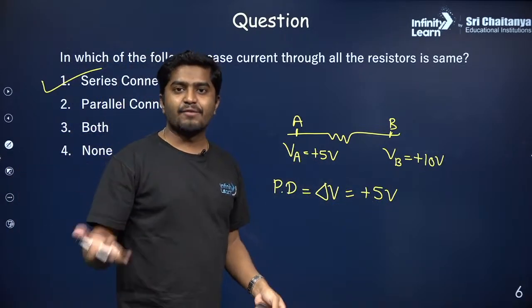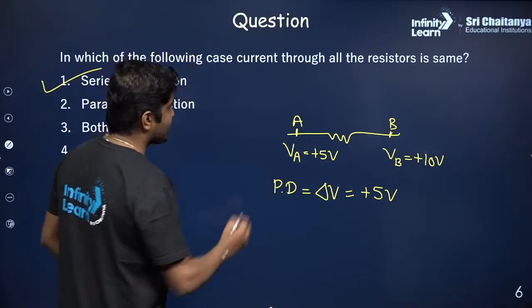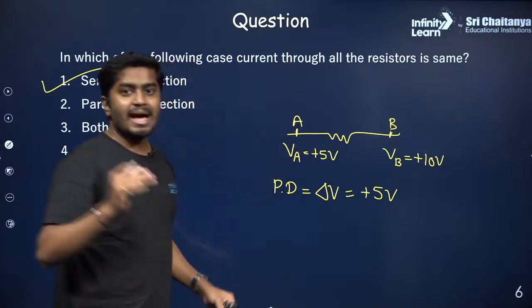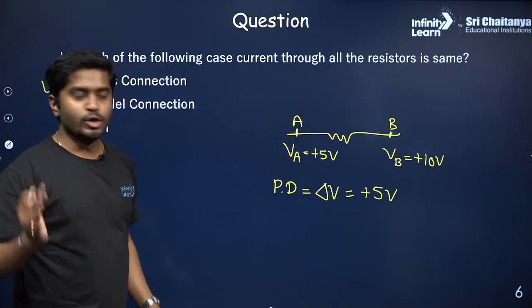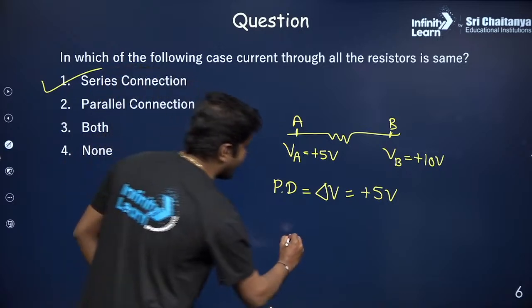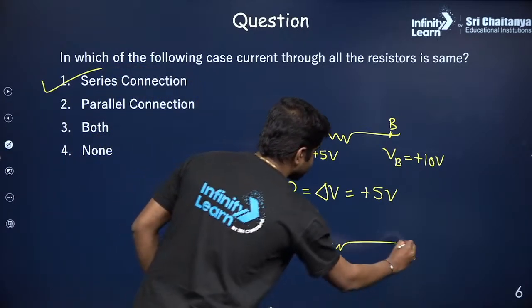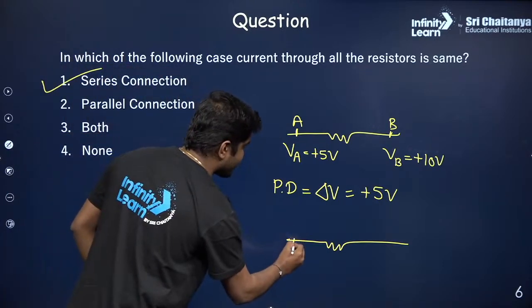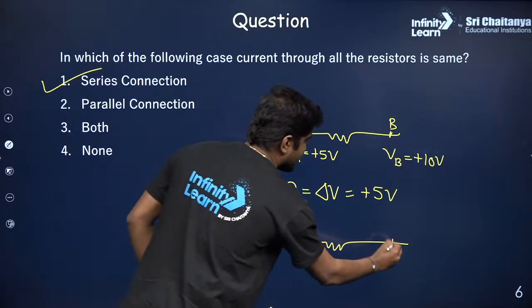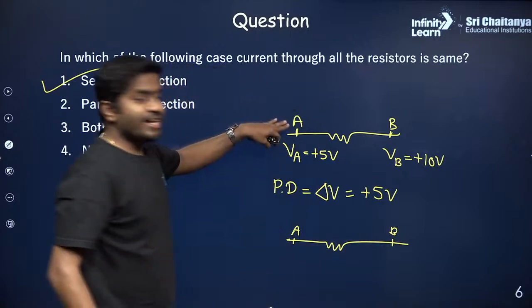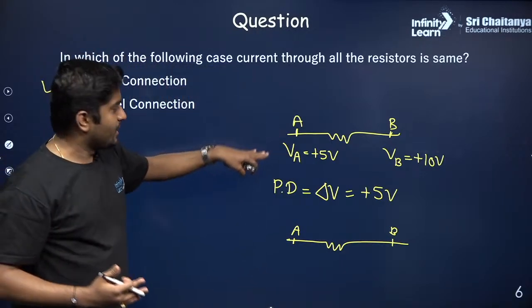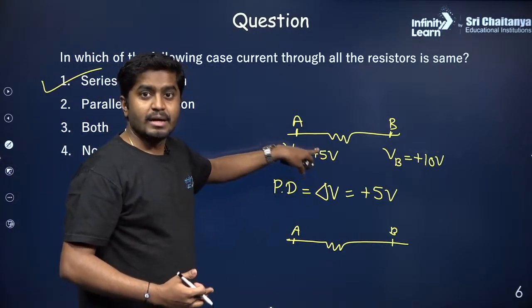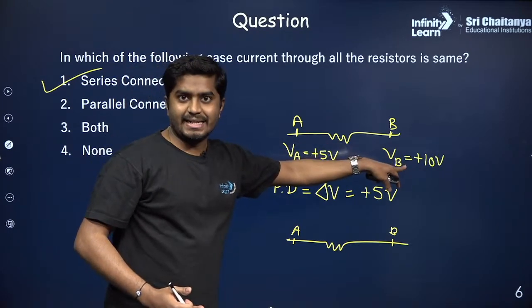And whenever I say voltage, that only means one of the terminals I assume to be 0 volt. So I'll redraw this circuit. These are the 2 terminals or 2 points, point A and point B. Whichever is at a lower potential, this one, plus 5 is lower than 10, correct?